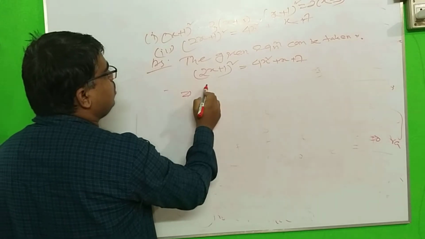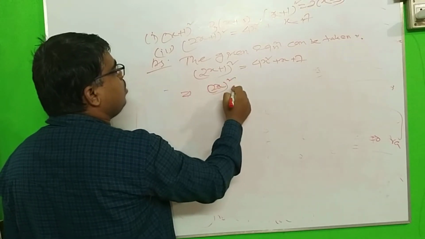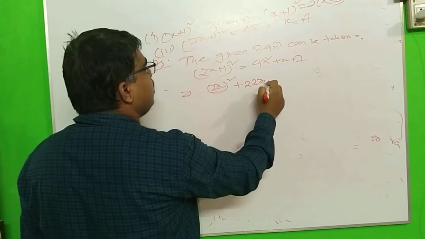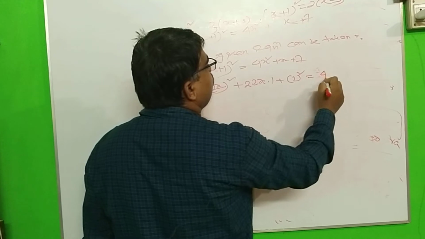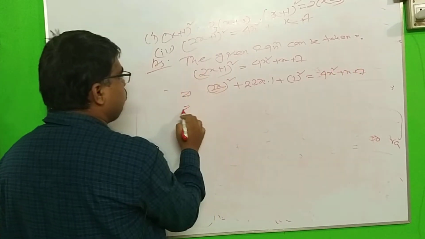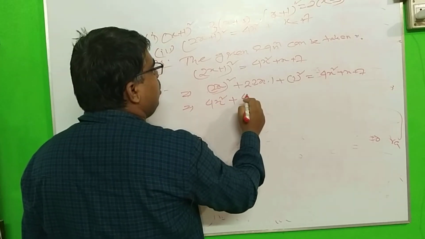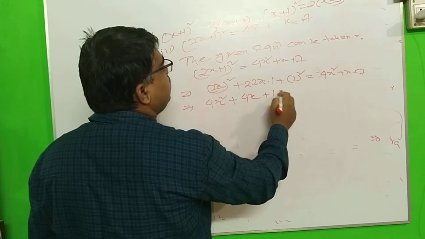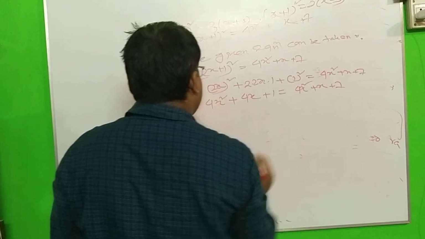This implies 2x whole square plus 2 into 2x into 1 plus 1 whole square equal to 4x square plus x plus 7. 4x square plus 4x plus 1 is equal to 4x square plus x plus 7.